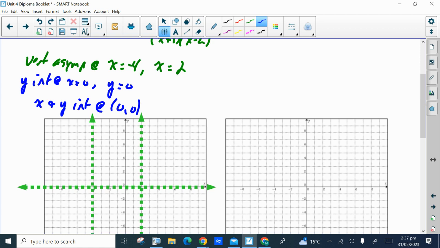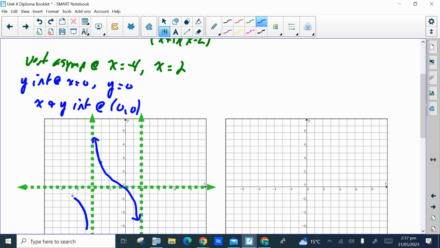And you can use a graphing calculator to help you see what this graph looks like. You can put it in, and it'll look something like this. And this also illustrates that in some cases, a graph will pass through the horizontal asymptote in one point, but approach it at another.